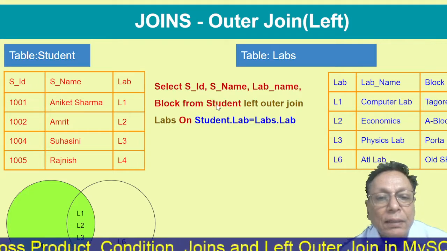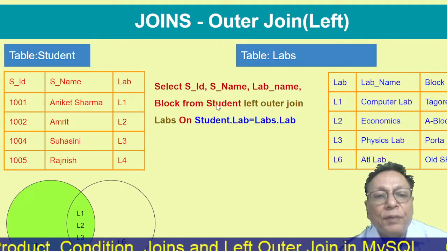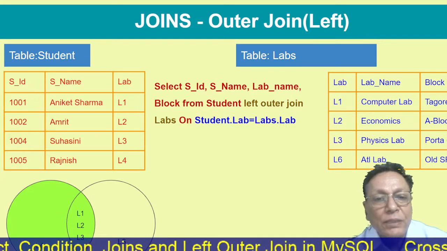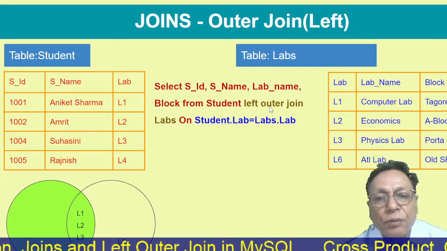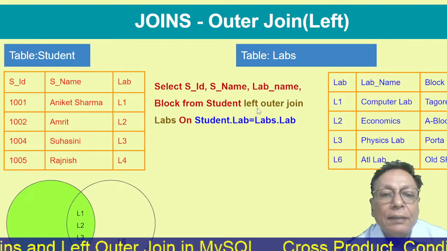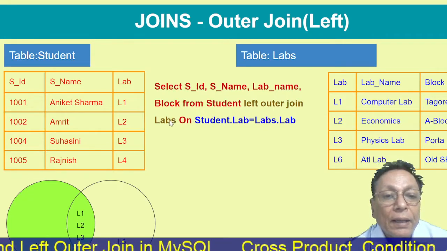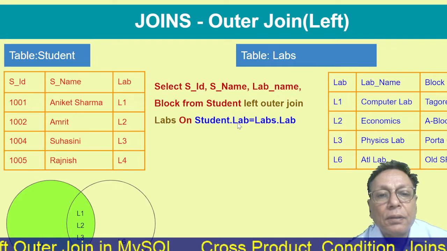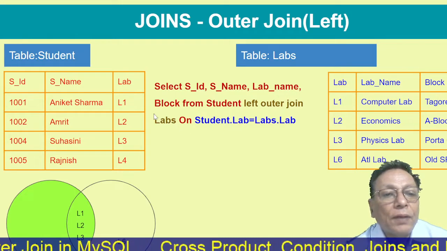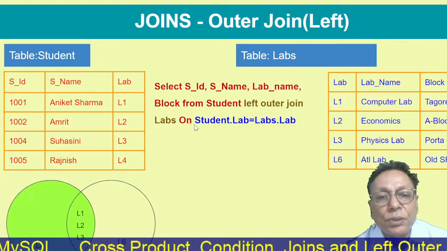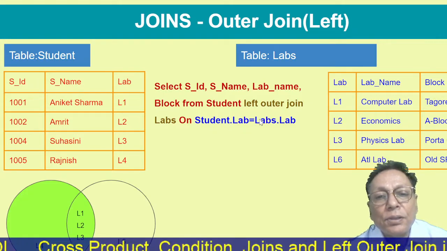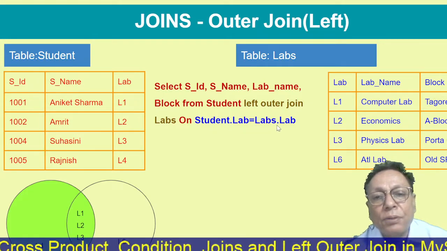There'll be the left outer join between student and labs, and that is why we have to write student, then left outer join and the second table, and on this condition, because we are going to match this column from both the tables. So student dot lab is equal to labs dot lab.